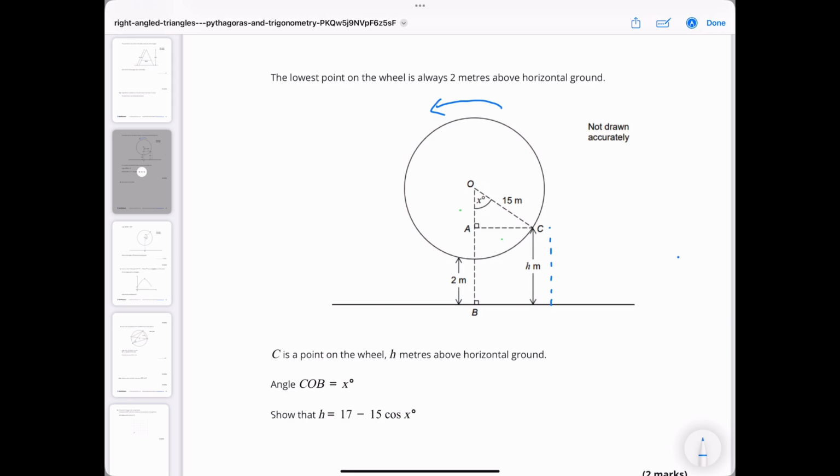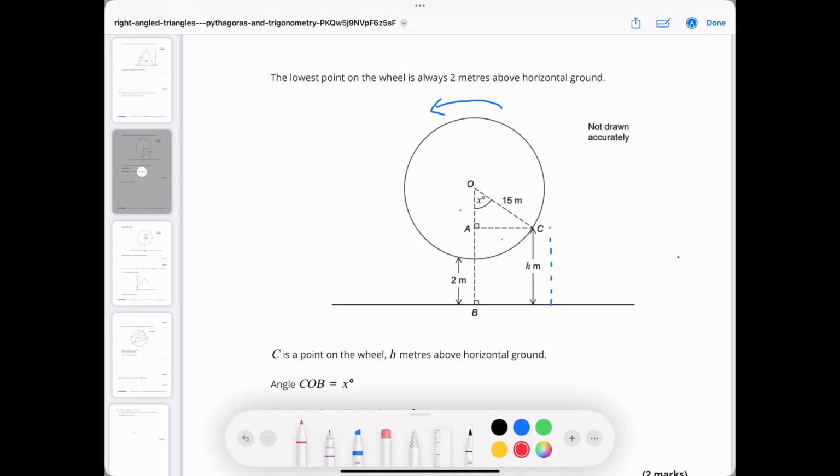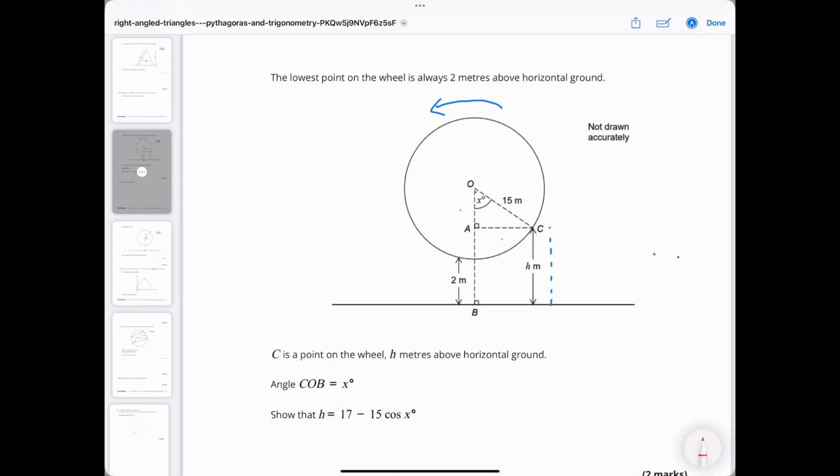The first thing I would do to make this make sense is we actually know that this bit there is also 15. So the bit from O to B equals 17. That's the first thing, because that accounts for that.